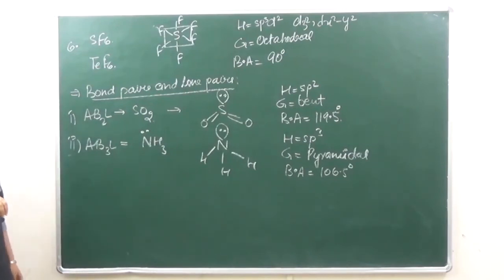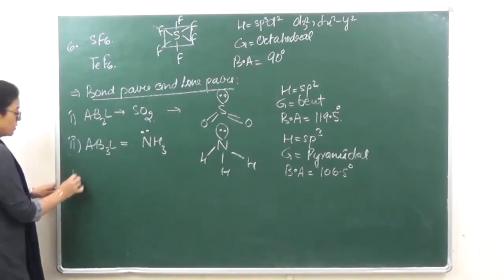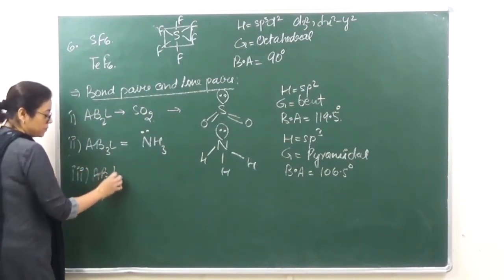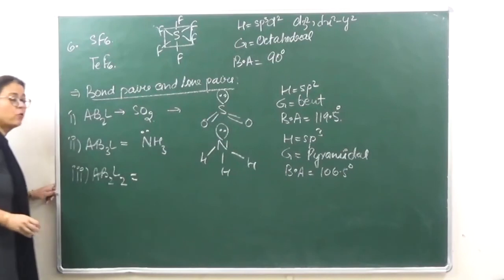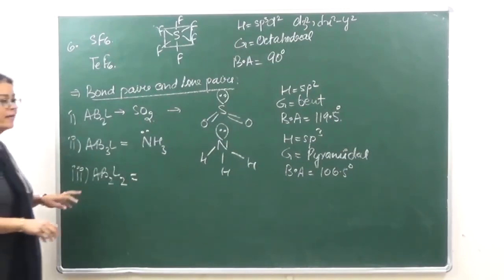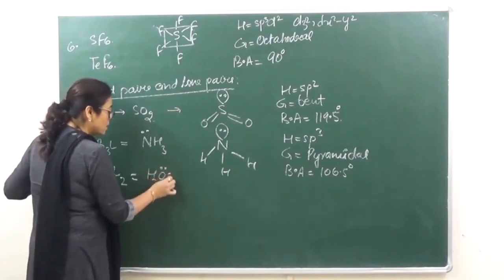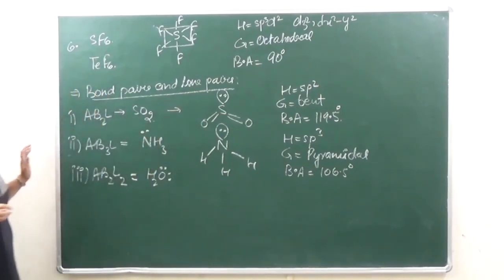ठीक है, फिर उसके बाद नेक्स्ट वी गो टू AB2L2. There are 2 bond pairs and there are 2 lone pairs. Examples, we can take water.